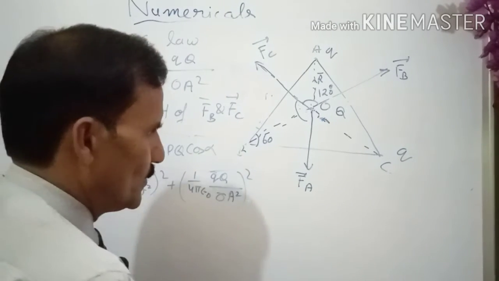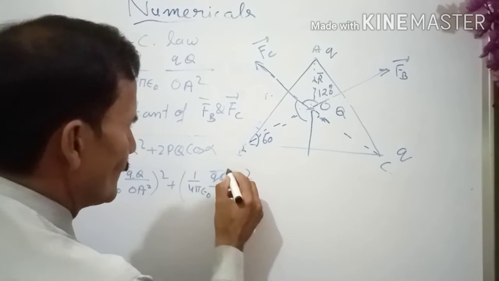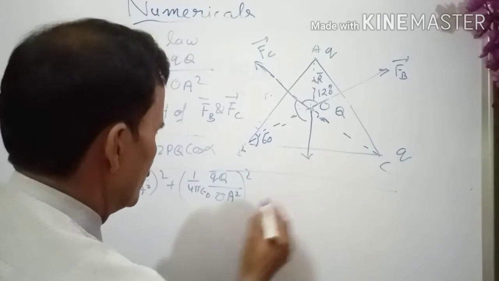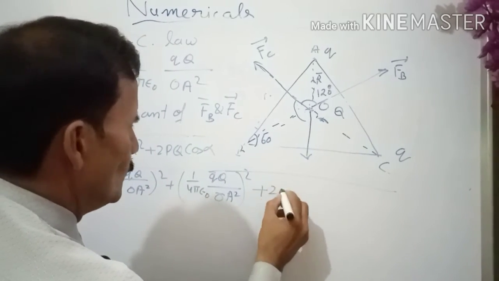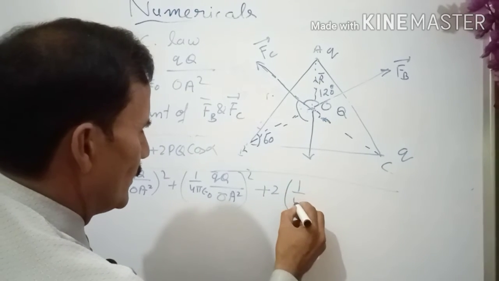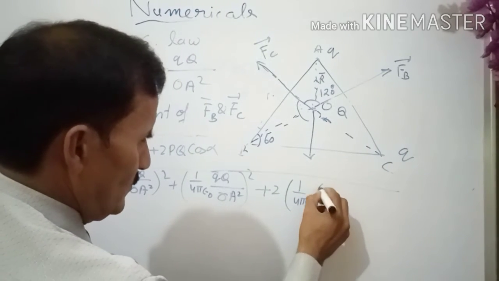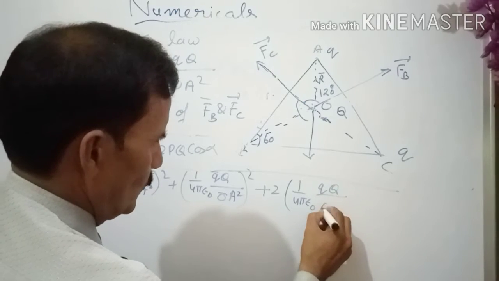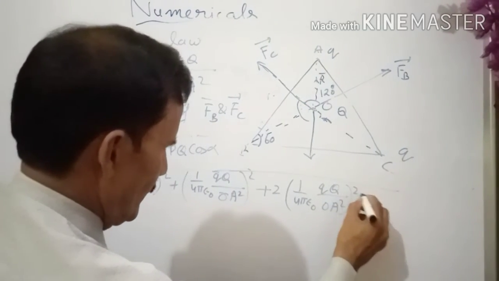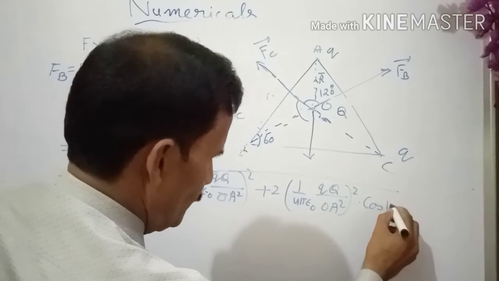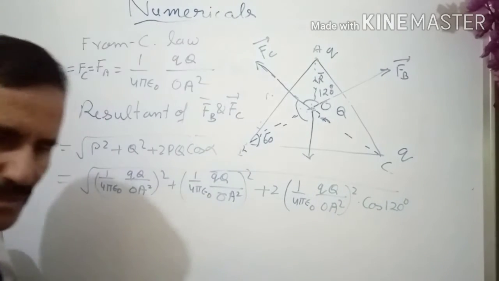But here what will you get? Here you are getting plus 2PQ, so you will again get QQ upon OA square whole square, but here you will get cos 120 degrees.